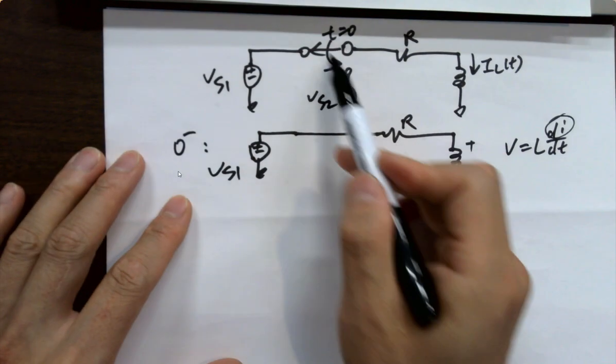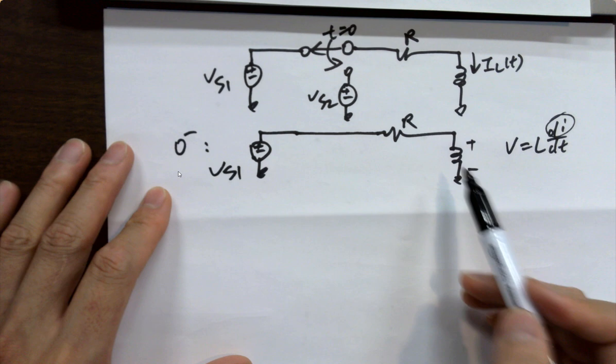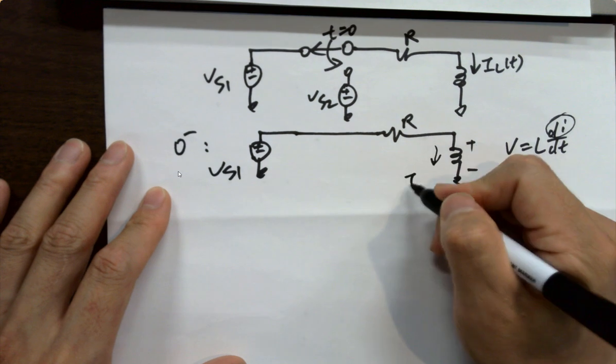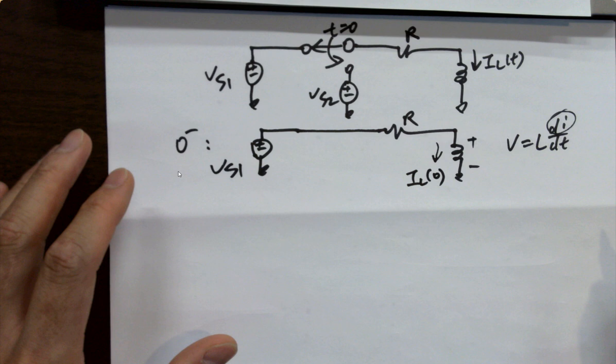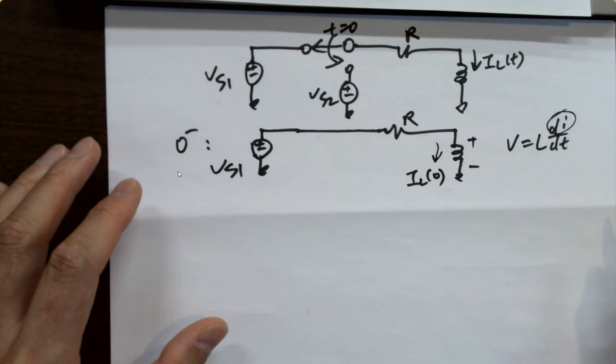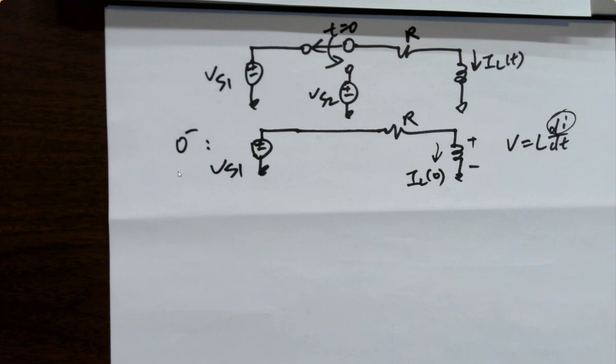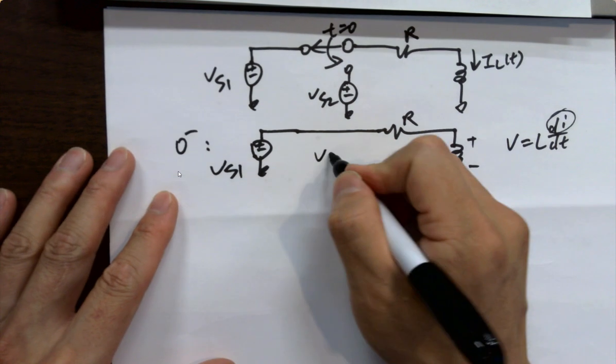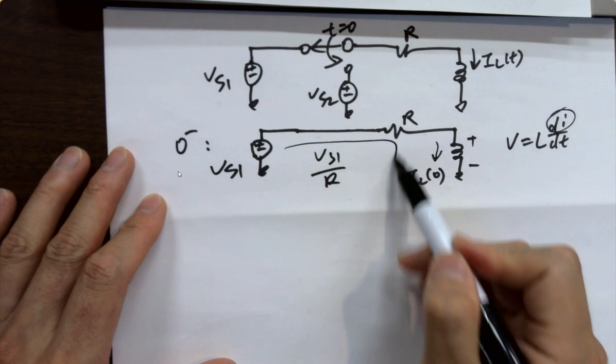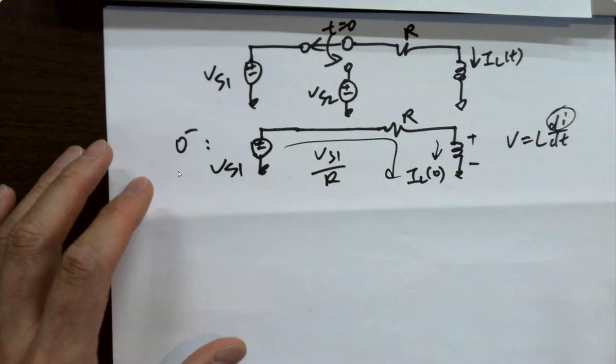So before I switch it, there's no voltage, but is there a current, like i_L(0)? Yes. It's a wire. A wire doesn't deserve a voltage, but deserves a current. It's just Vs1 over R, right? No voltage here, just the one resistor in the circuit.